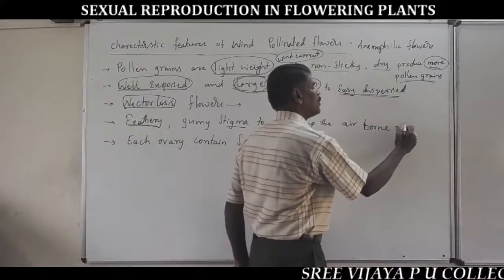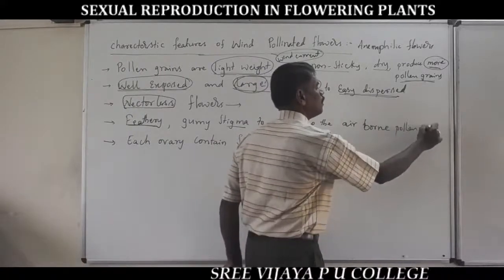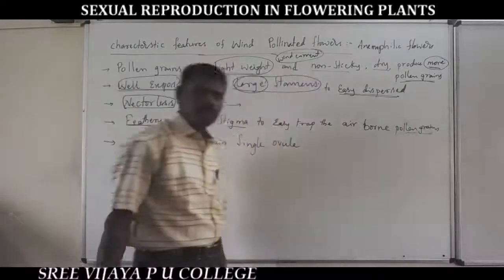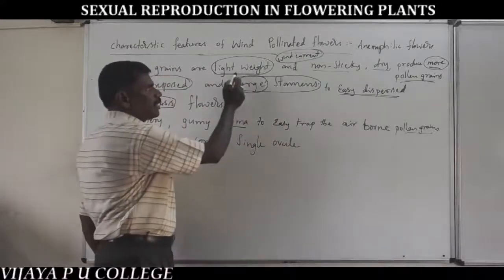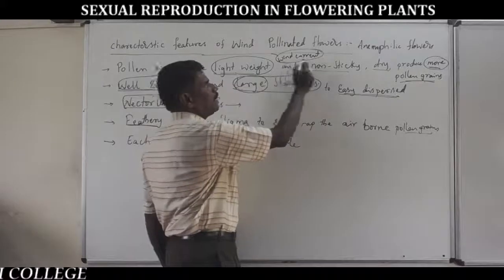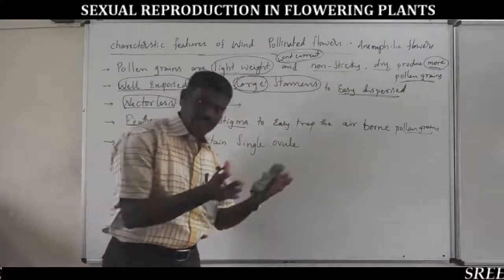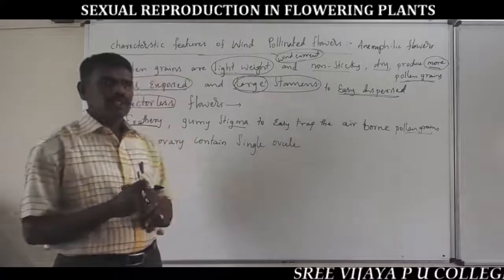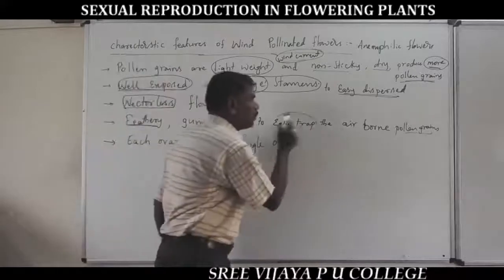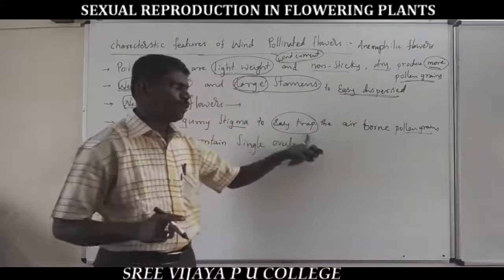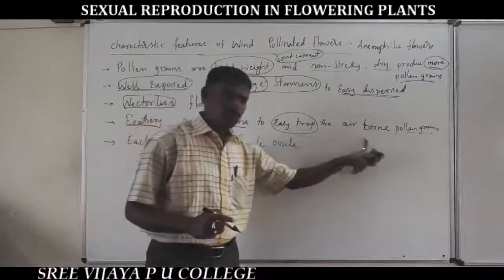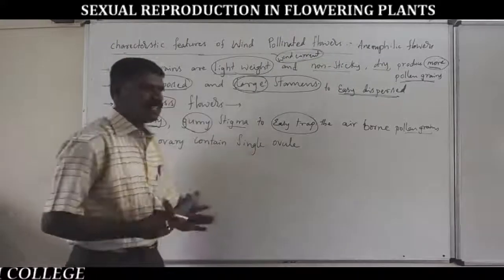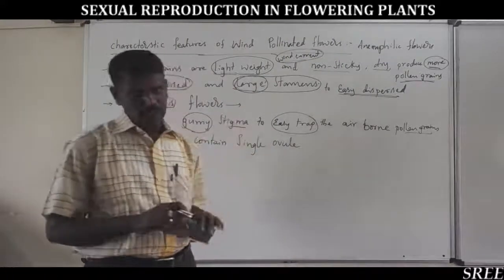Because the pollen grains are lightweight and brought by the wind current, and the wind blows in different directions, to easily trap the airborne pollen grains there is the presence of a feathery stigma, and the stigma is also a little bit sticky, that is gummy in nature.